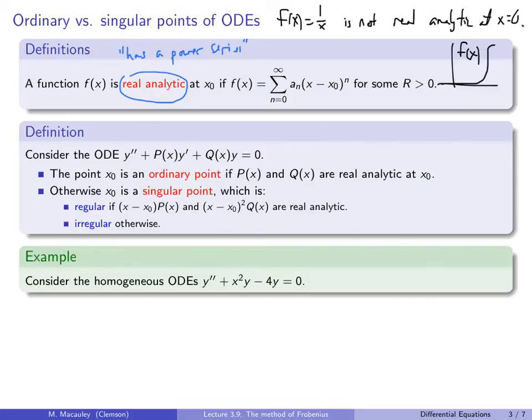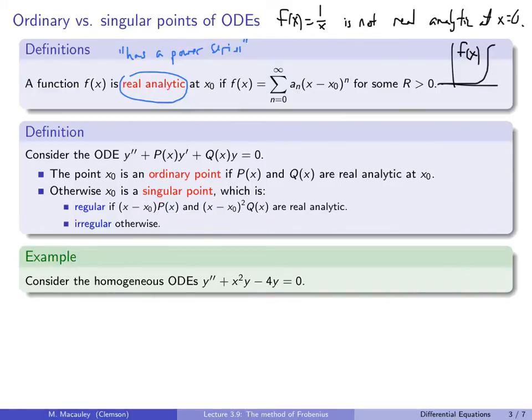When that doesn't happen is when you have something like this. So otherwise, x naught is a singular point. Now, singular points come in 2 types. They could be regular or they could be irregular. And they're regular if both of these things are real analytic at x naught. I think they're defined at x naught.